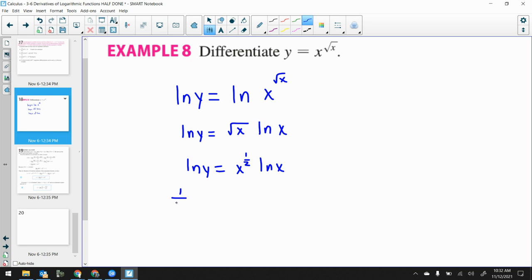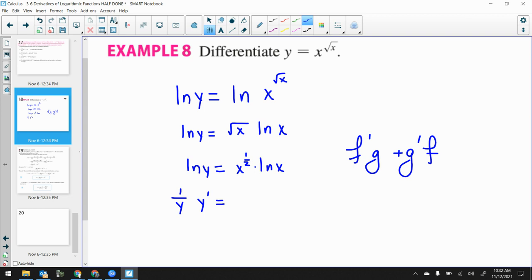That would be 1 over y, y prime. Remember, it's 1 over y, y prime, because the derivative of ln is 1 over that thing, and then the derivative of y is y prime. Now, let's find the derivative on the other side. So this is a product rule, right? What we have to do is take f prime g plus g prime f.